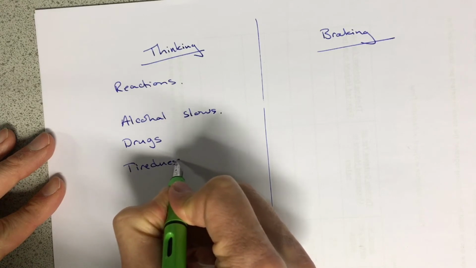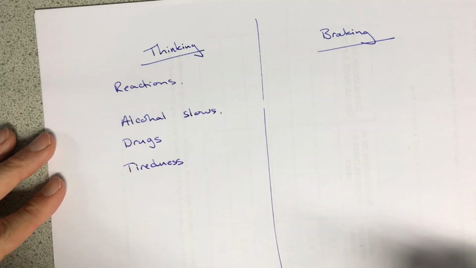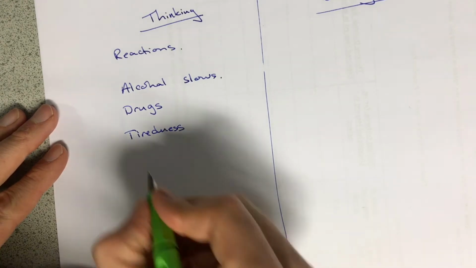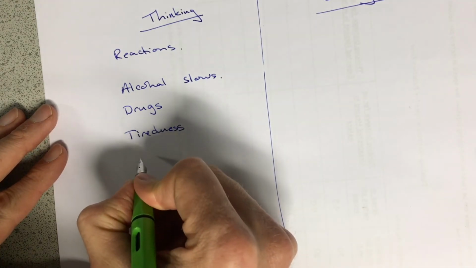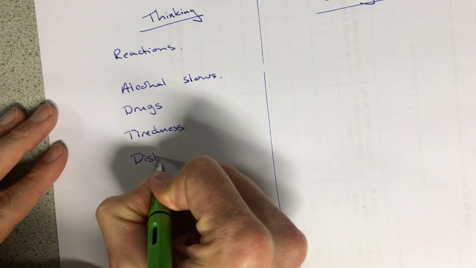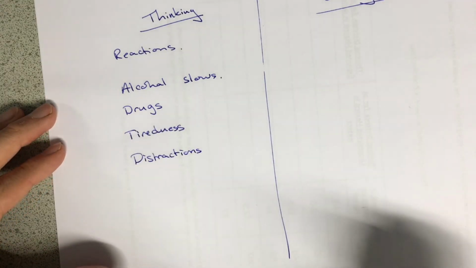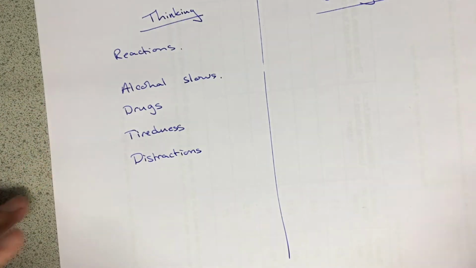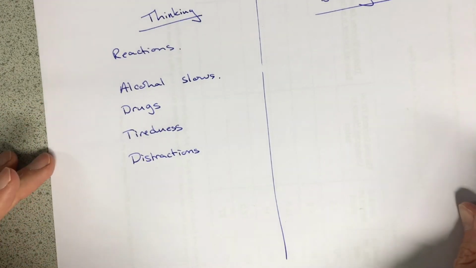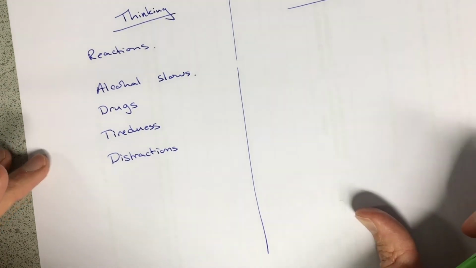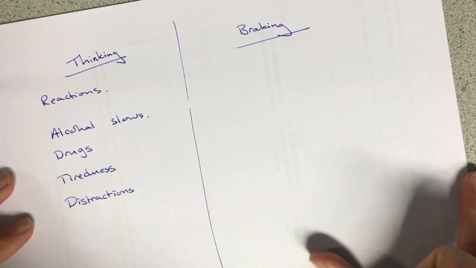If you are half asleep, if you're feeling a bit like dozing off, then you're not going to be reacting as quickly as you could. And finally on this list, you've got distractions. And they are varied. You could have the distraction of a mobile phone, you could have the distraction of children in the back, or simply looking at something else. Maybe another accident that's happened on the other side of the road will cause you to think poorly and have an accident of your own.